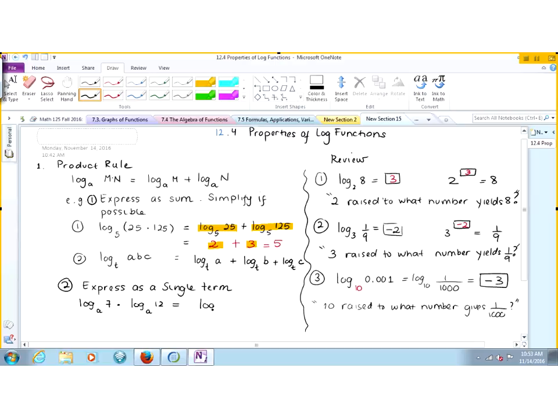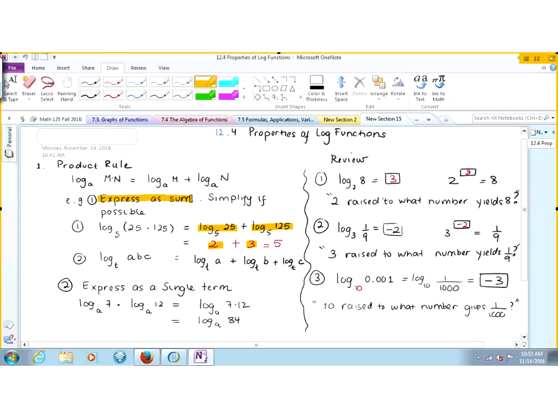How do you write this as a single term? Yes, log base A of 7 times 12. What is 7 times 12? 84. Yes, good.